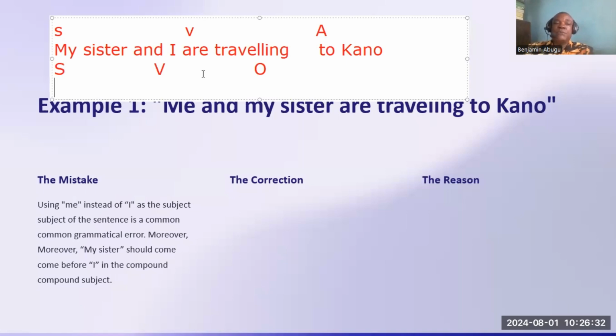For example, Okon insulted me. Okay, so you can see this is where you can use me. Okon insulted me. So me is the receiver of the action of the insult performed by Okon.